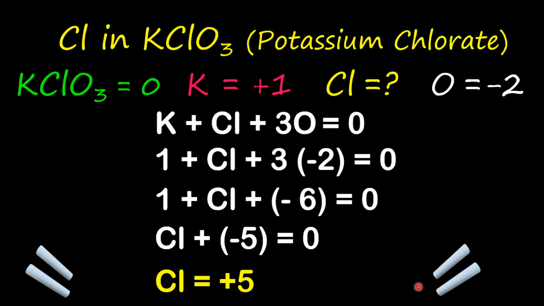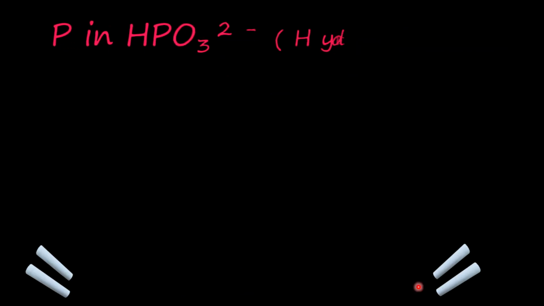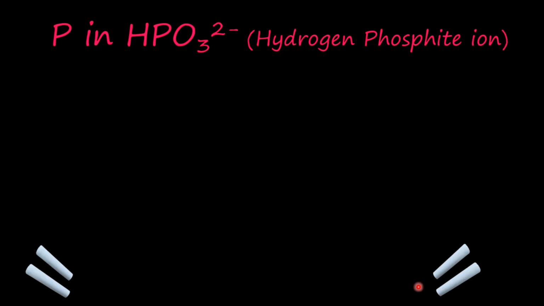Now for our next example, here we're going to calculate phosphorus in HPO3 2-, which is hydrogen phosphite ion. Now remember this rule, that the total oxidation number on an ion is equal to the charge of that ion.